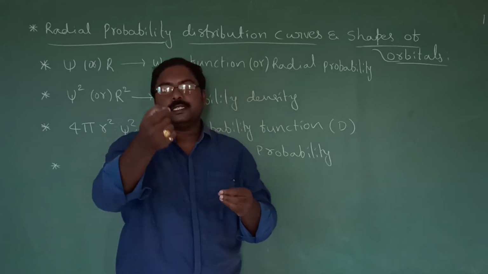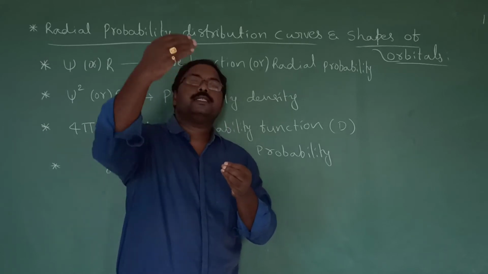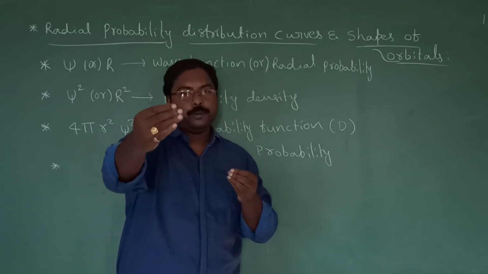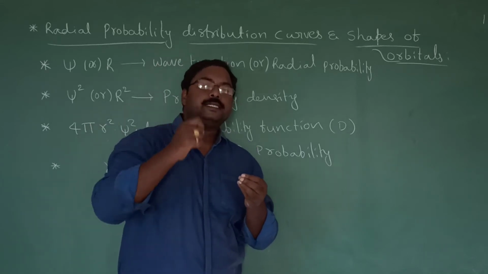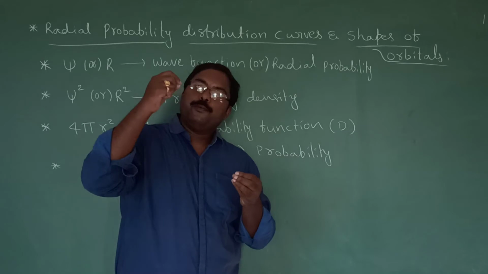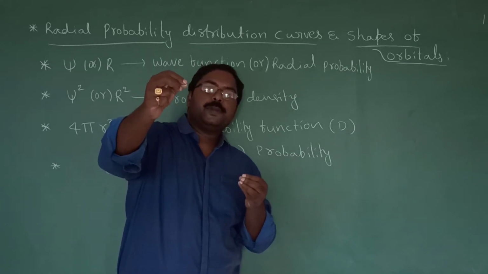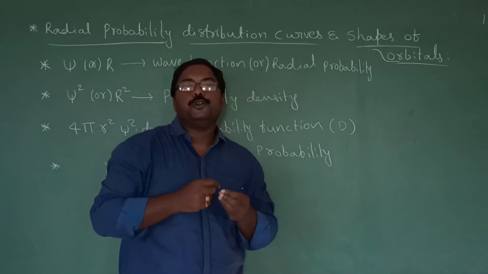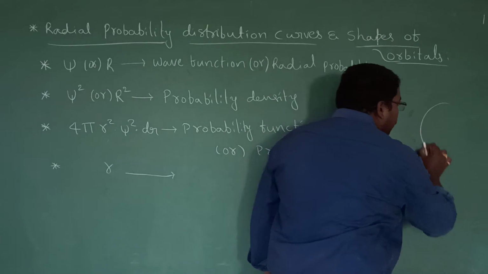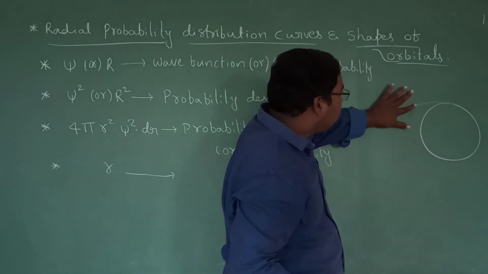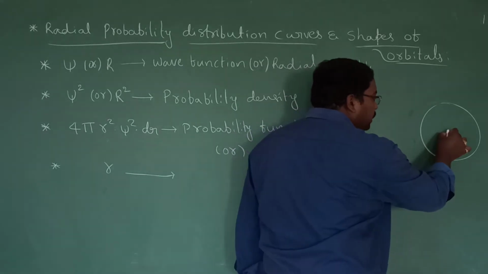If the electron is in the first orbit, it will be closer to the nucleus; if it is in the second orbit, somewhat away from the nucleus. So small r represents the distance between a particular point and the nucleus. For example, this is the size of the atom, and this is the nucleus.